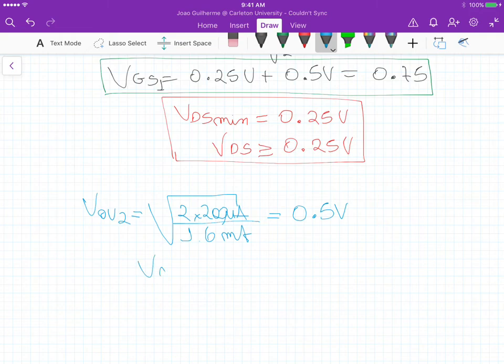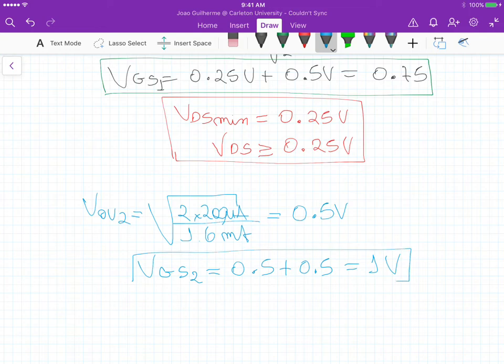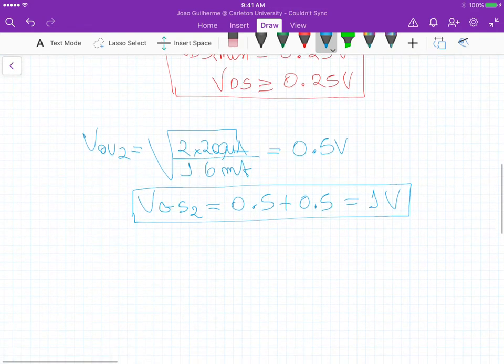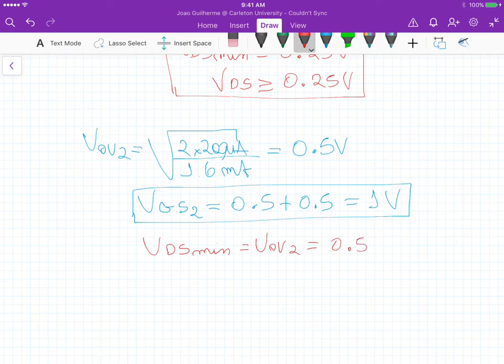Now we can calculate VGS2, that's equal to 0.5 plus 0.5 from the threshold voltage, and that's equal to 1 volt. So this one here is VGS2 for the new current, and VDS min is equal to the V overdrive 2, that is 0.5 volts, or VDS should be greater than 0.5 volts.